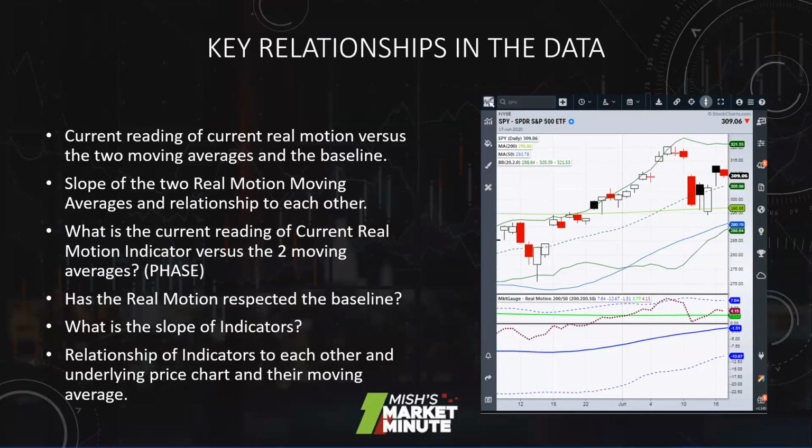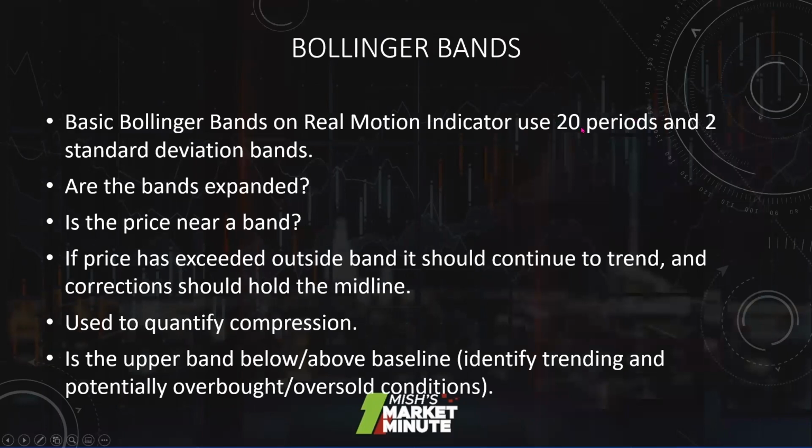So is the real motion indicator trading above the baseline, beneath it, right? And of course, we want to see the slope, the overall trend as well. And so the idea is to look at the relationship of indicators to each other, the underlying price chart, and their moving averages.